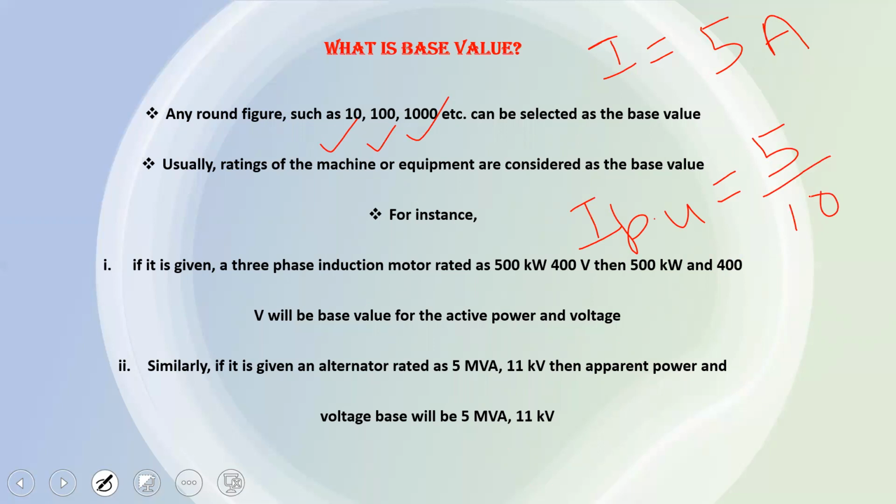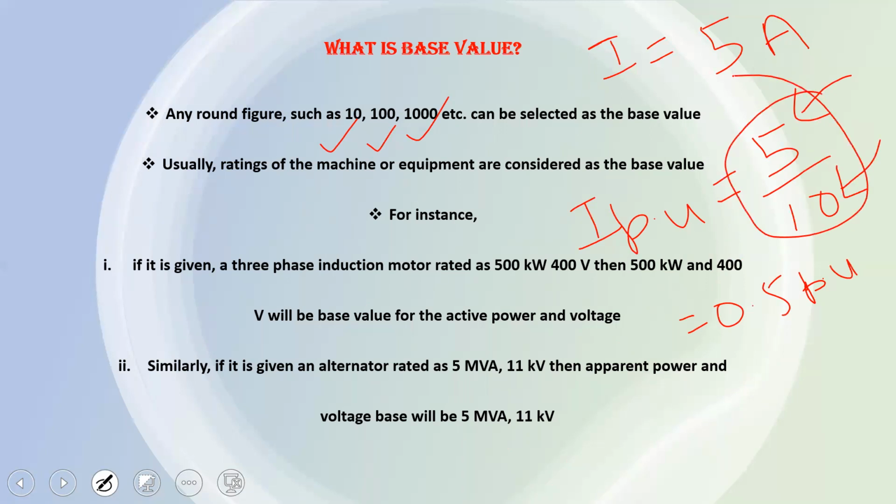For that student, the per unit value of current will be 0.5 per unit. But you must note here, if current is in ampere, then this 10 should also be in ampere, so that this quantity is dimensionless. And its answer will be 0.5 per unit.